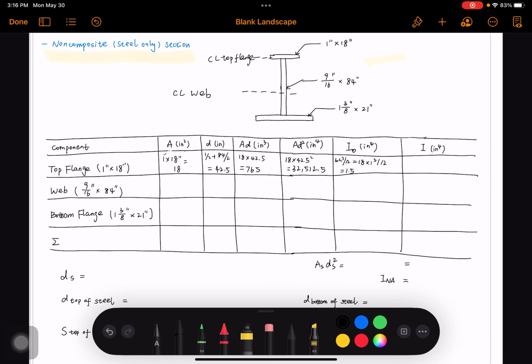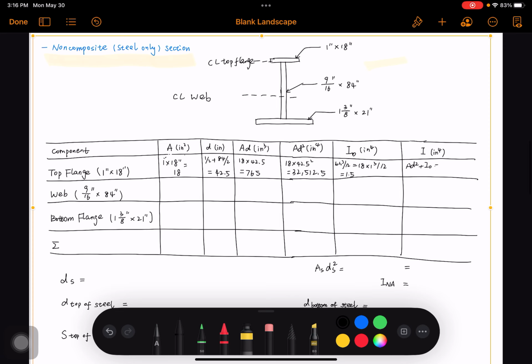So I equals AD squared plus I naught, which gives 32512.5 plus 1.5, equal to 32514.